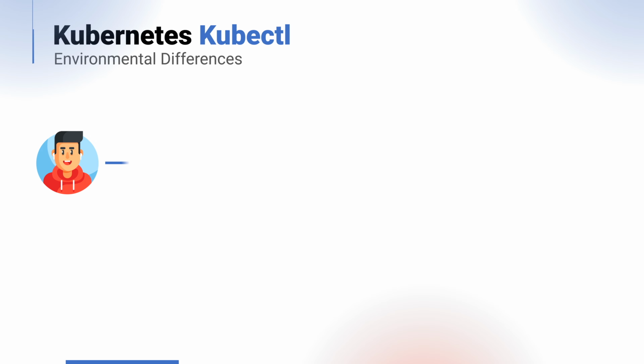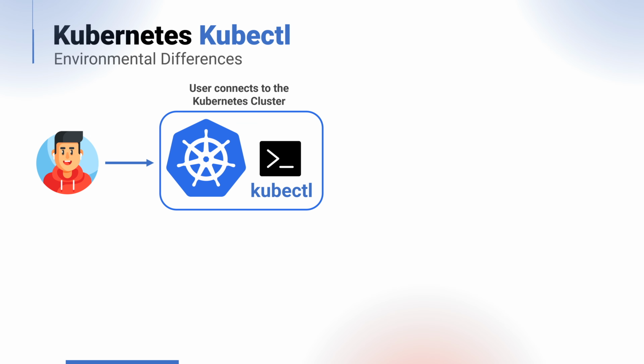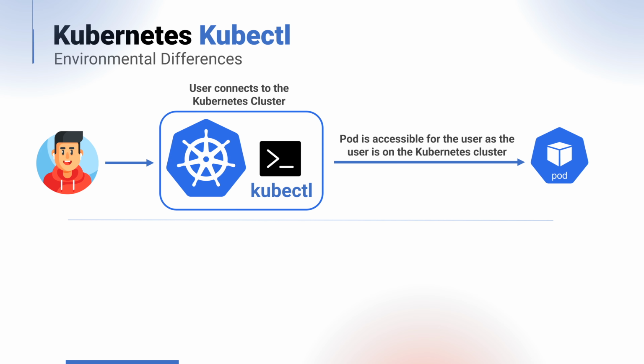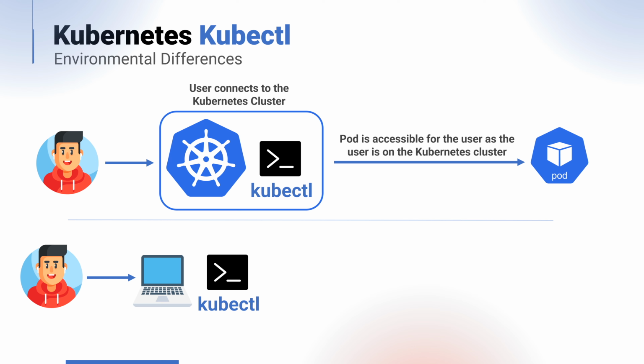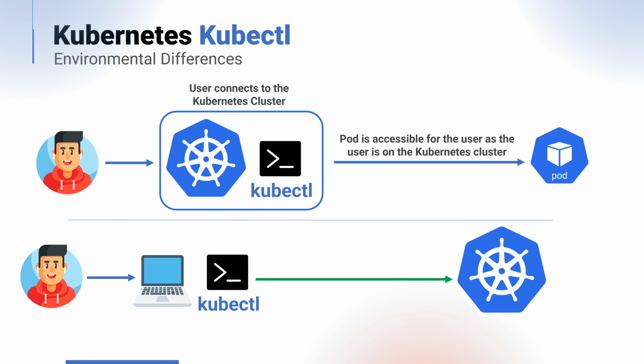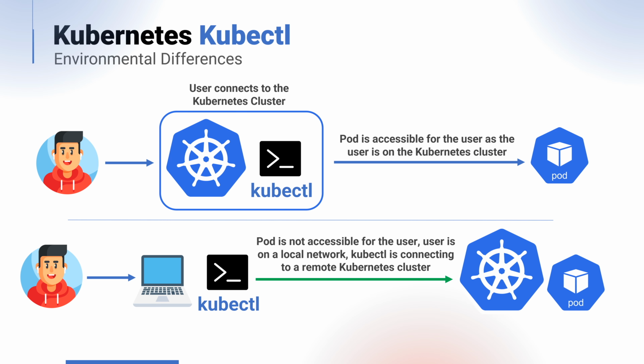It will depend on different factors, how you are running Kubernetes and where you are in relation to the kubectl command. So, for example, were you running kubectl directly on the Kubernetes infrastructure or somewhere else like your desktop? In this example, I'm running kubectl directly on the Kubernetes infrastructure.